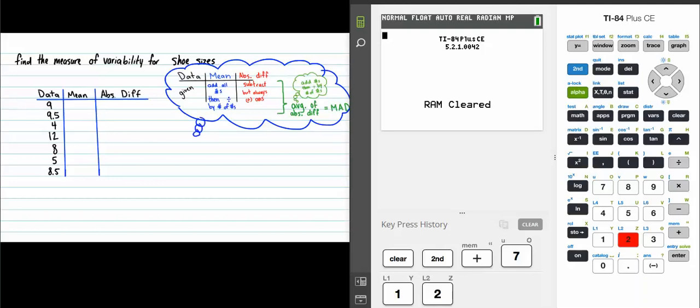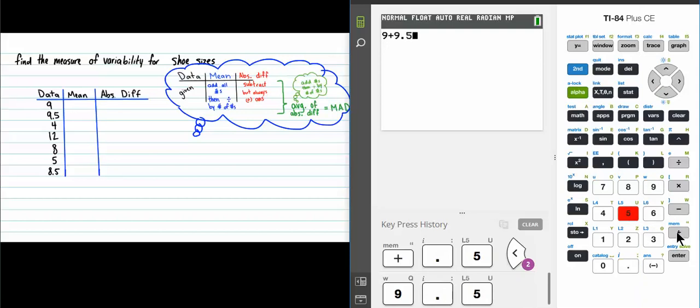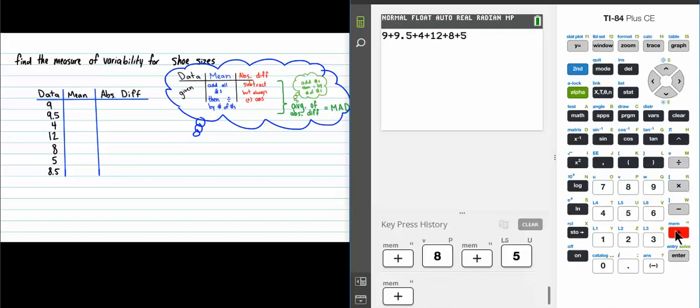So we start with our data, and then we'll go find our mean. So I'll add all the numbers. So all these here, I'm going to add them up. So I'll do 9 plus 9.5 plus 4 plus 12 plus 8 plus 5 plus 8.5.